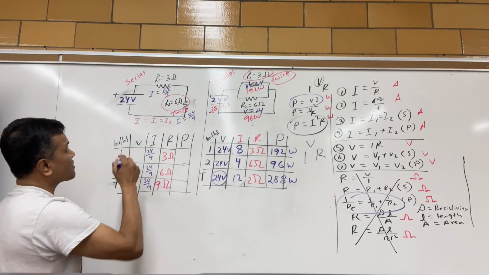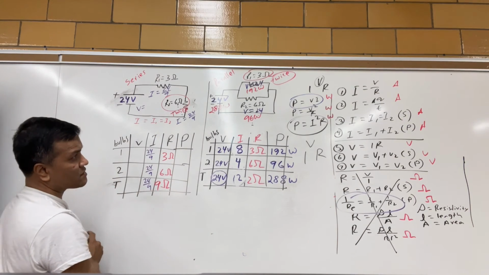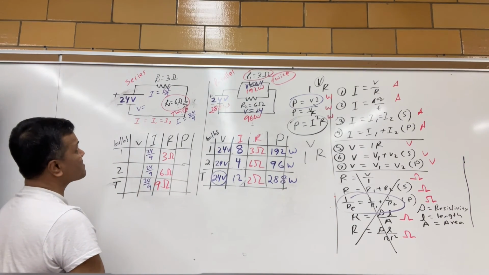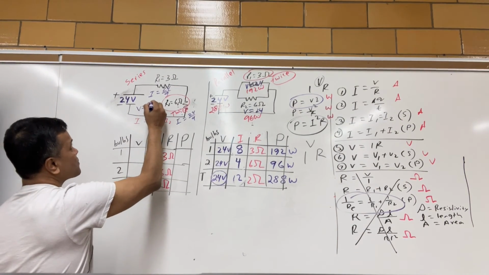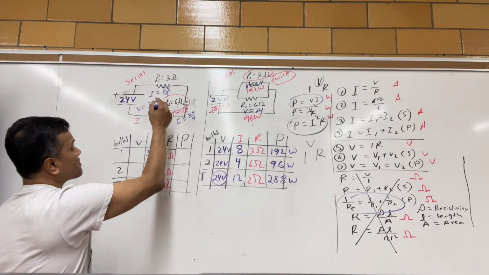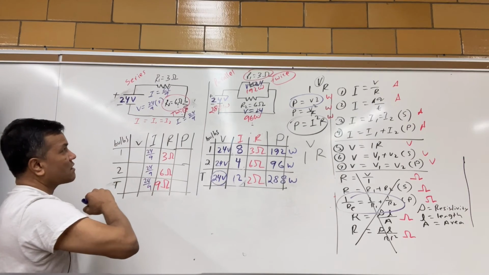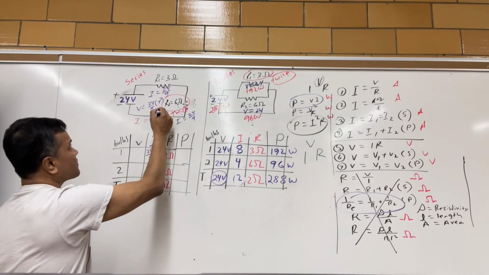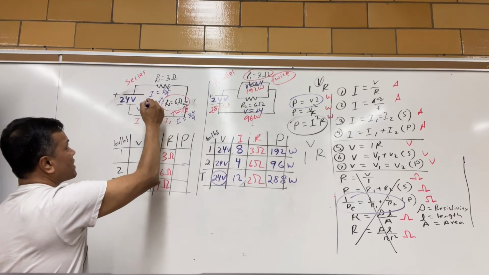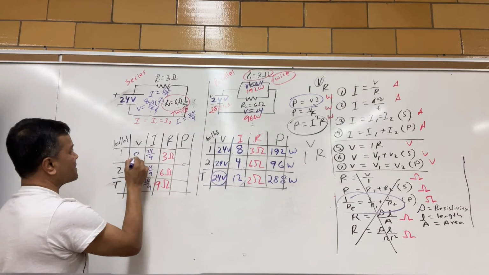Now let's find the voltage. Voltage is current times resistance. So 24 over 9, and the resistance is 3. 3 goes to 9 three times, and 3 goes to 24 eight times. So the voltage is 8.